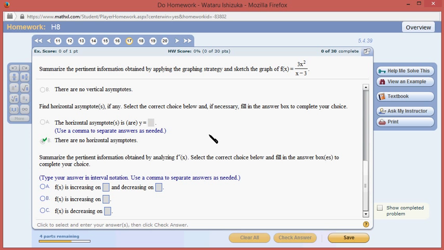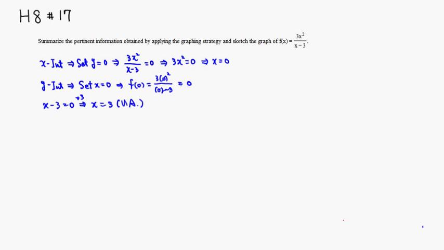Now we're going to look at the first derivative and then talk about the increasing and decreasing behavior of the original function. So we need to find the derivative. f prime of x is equal to, I'm going to use the quotient rule, and since the 3 is just a constant multiple, I'll put it in front.